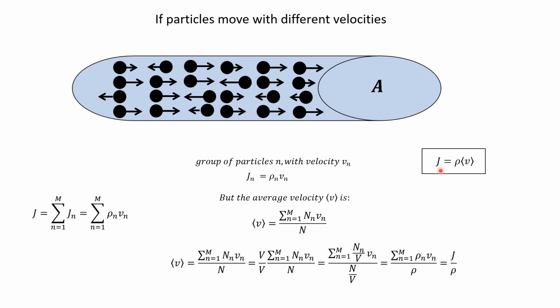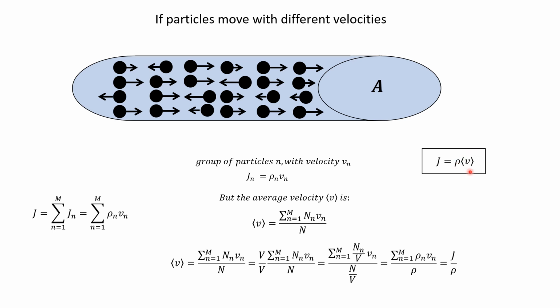So this is a more general expression. And this is why we say that the drift current is associated with a preferential velocity. So what do we mean by a preferential velocity? It just means that the average velocity is different than zero.